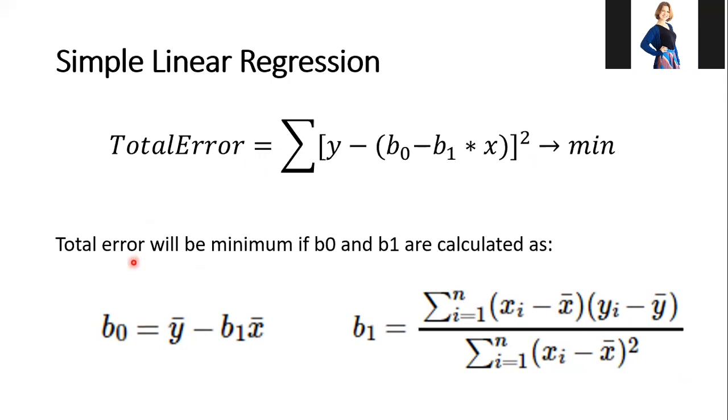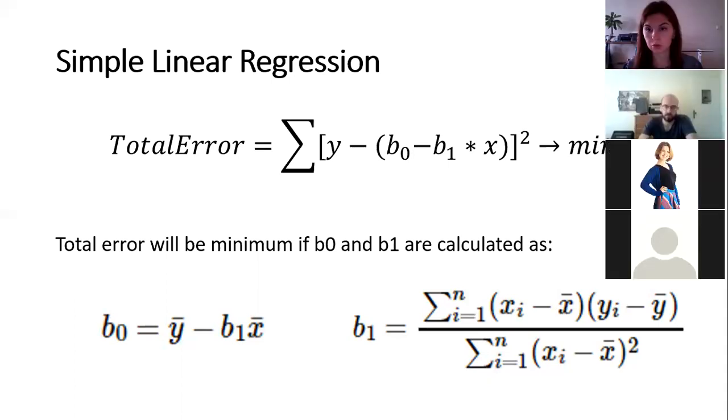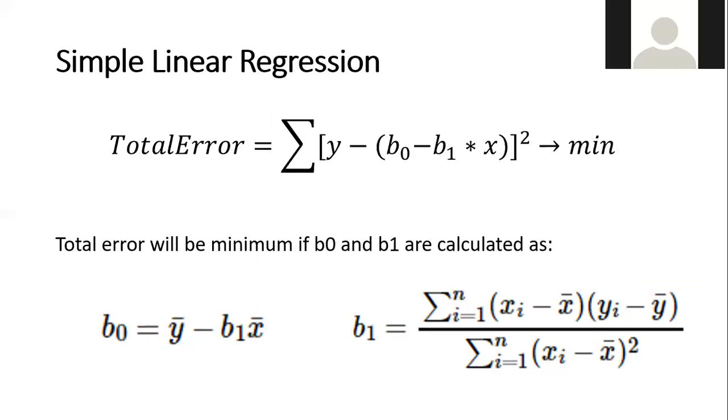The total error will be minimum if b0 and b1 are calculated as follows. So you may use these equations in order to calculate regression coefficients for your regression.